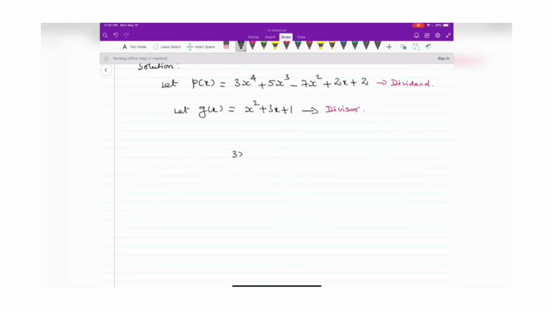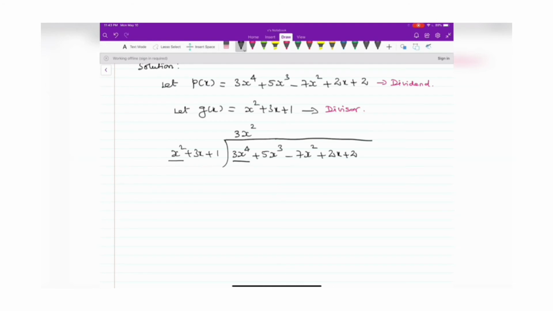3x power 4 plus 5x cube minus 7x square plus 2x plus 2. When I divide it by x square plus 3x plus 1, what will happen? See, the first term in the dividend is 3x power 4, whereas in the divisor it is x square. So, I need 3x power 4. That means I have to multiply x square by 3x square.